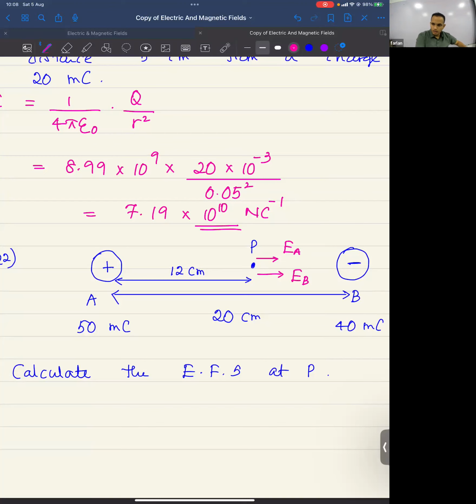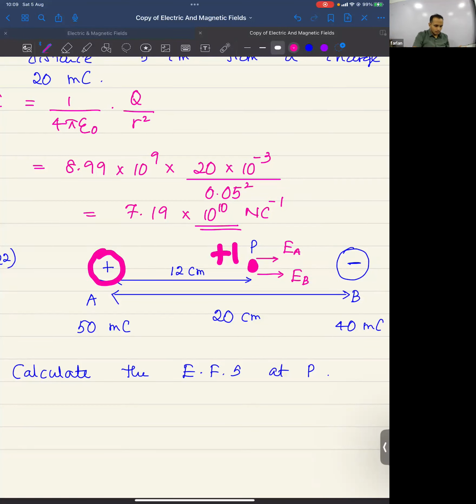Yeah. All you need to think is, imagine there's a +1 coulomb at P. Due to this positive charge at A, the +1 coulomb at P will experience a repulsive force, which means the force is to the right.